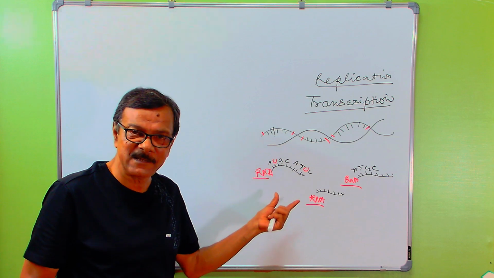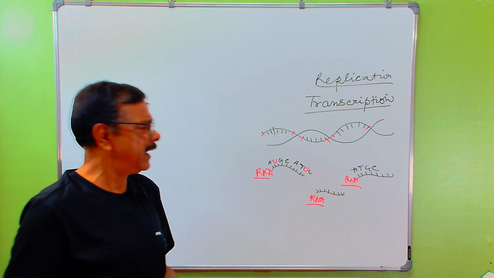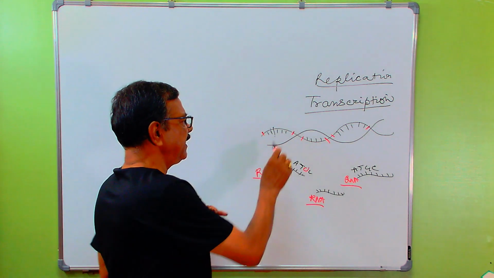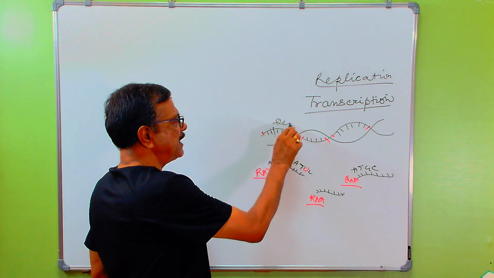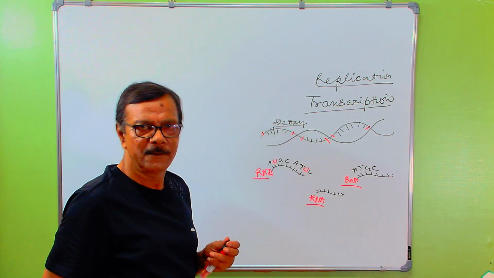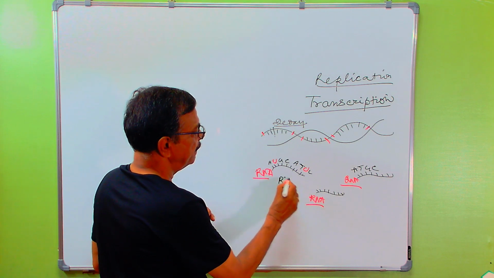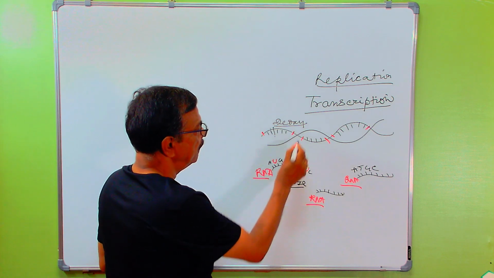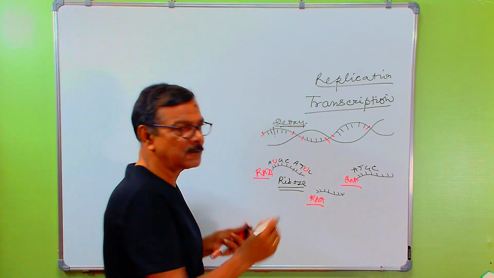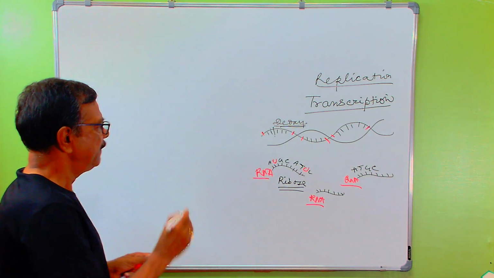So this is the difference, number one. Number two, one more difference is there. In DNA, the sugar was deoxyribose sugar. Here it is ribose sugar. What is deoxyribose and ribose sugar? We have come across it again.